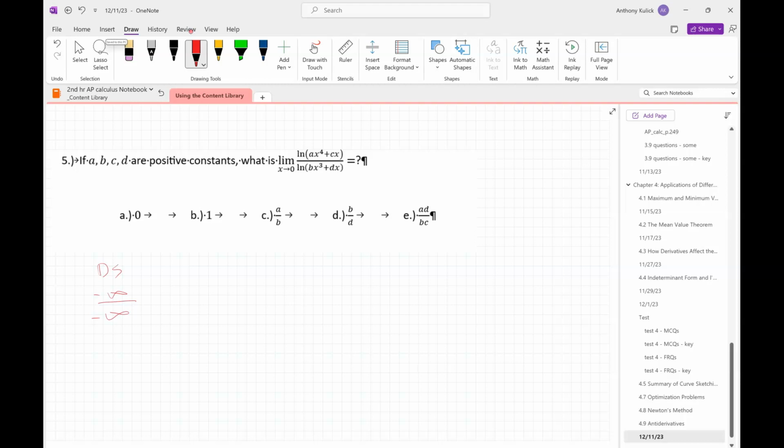Or negative infinity over negative infinity, but whatever. So we can L'Hopital this. Natural log of 0 is negative infinity. So we'll do a L'Hopital.